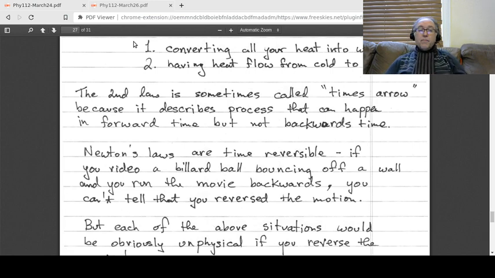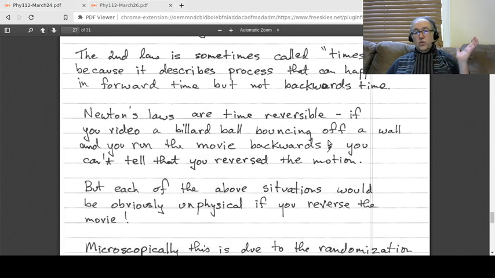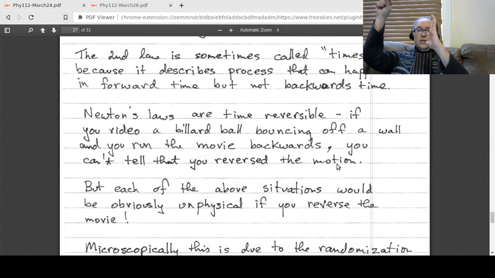Newton's second law doesn't care about time reversal. Just to show you that the second law is kind of special, the second law says I can tell forwards time from backwards time. Newton's laws cannot tell forwards time from backwards time. Newton's laws are reversible in time, and they're still totally valid. How can I see that? Imagine you have a wall and a billiard ball that bounces off of the wall. It starts up here and boink, it bounces like that.